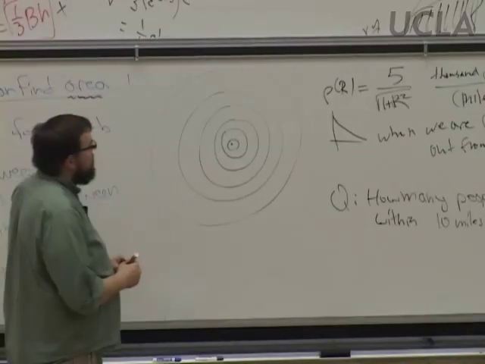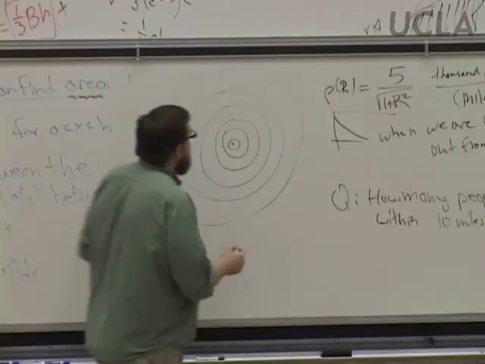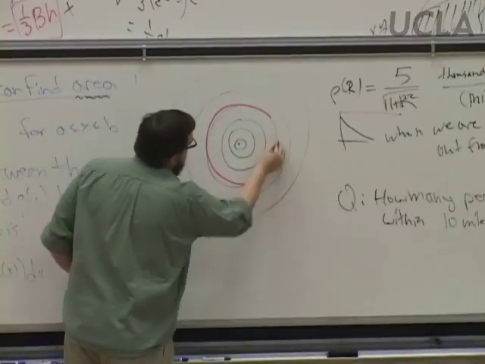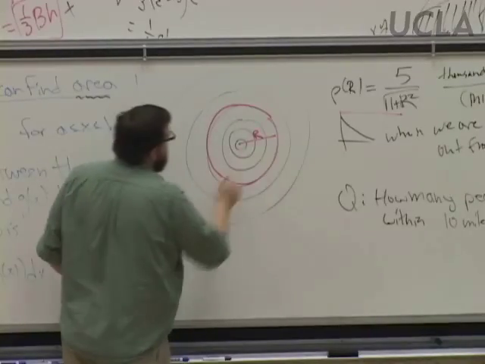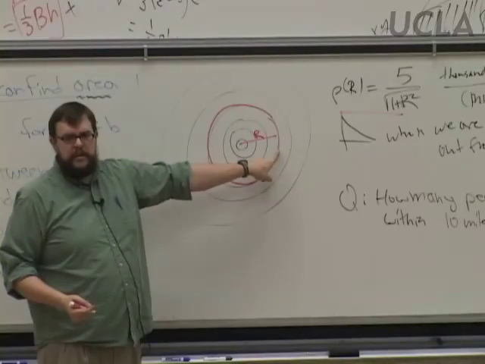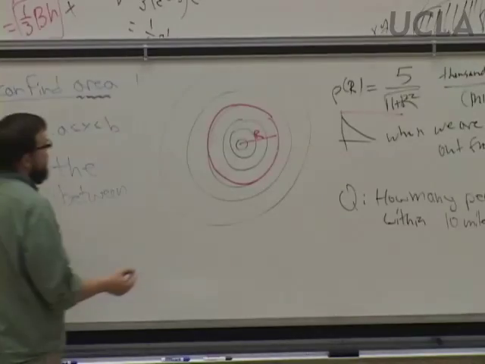The density is essentially constant when I fix r, where r is the distance from the center. So all the density on this whole circle all the way around is the exact same.